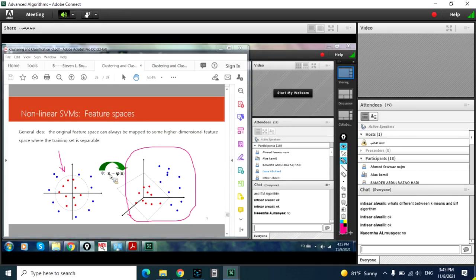We map x to phi of x. We transform x to another space. This phi is called the kernel, and we can have linear, non-linear, RBF, and different kernels. We can use a quadratic kernel. We can select different kernels.